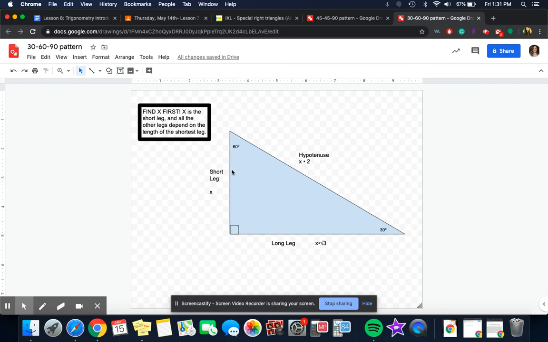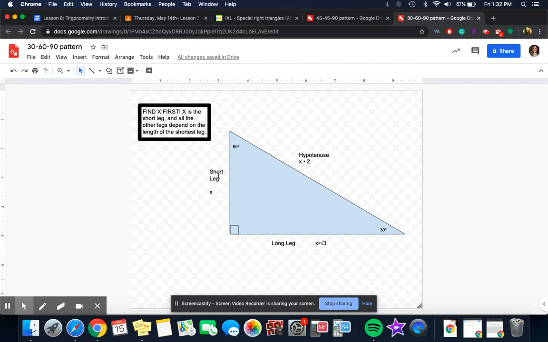Now, the short leg and the hypotenuse have the easiest relationship. The short leg times 2 is the hypotenuse, and the other way, the hypotenuse divided by 2 is the short leg. So short leg and hypotenuse have this double or half relationship. The short leg and the long leg are slightly more complicated.